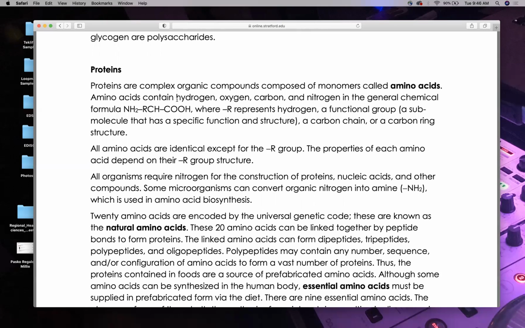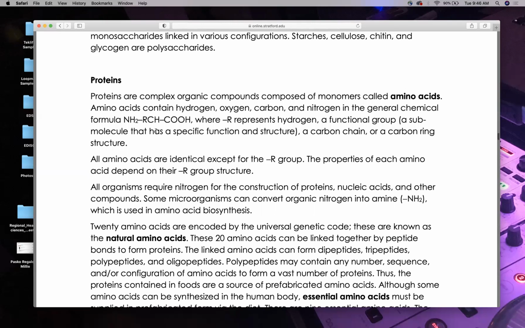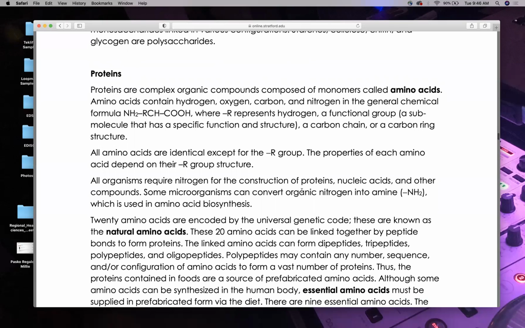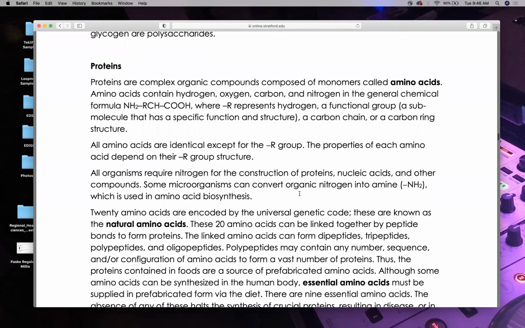A protein is carbon, hydrogen, oxygen, and nitrogen. That's why its abbreviation is CHON, and that's a protein. Proteins are made of little beads, like little Legos of amino acid building blocks that are connected by peptide bonds.